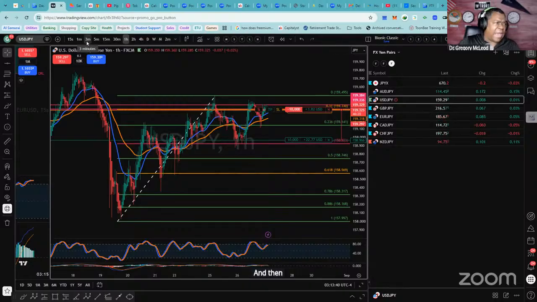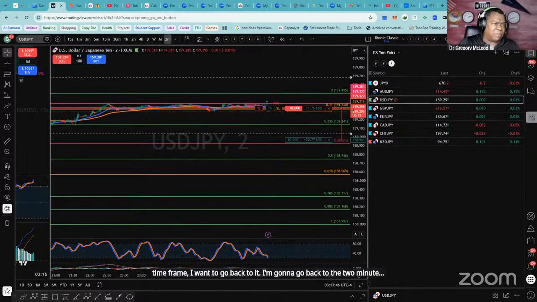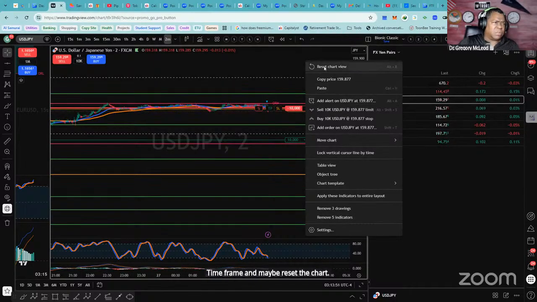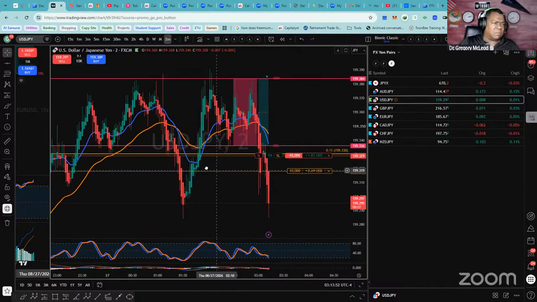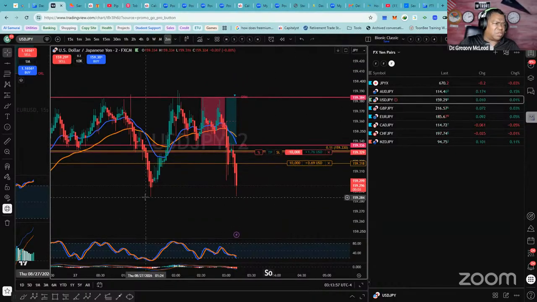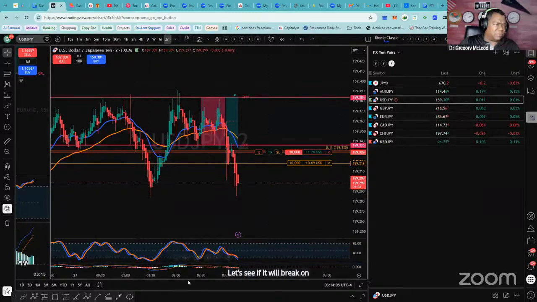And then we're going to go back to our time frame. I'm going to go back to the 2-minute time frame and maybe reset the chart. Okay. So price is challenging this old low back here, 59.28. It bounced. Let's see if it will break on through.